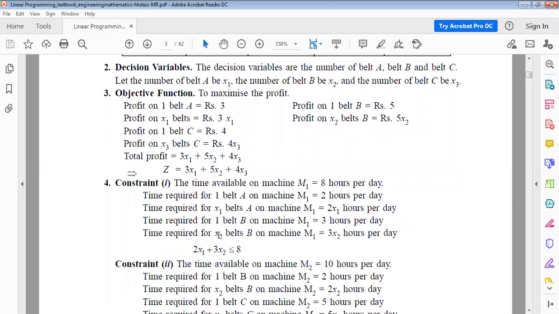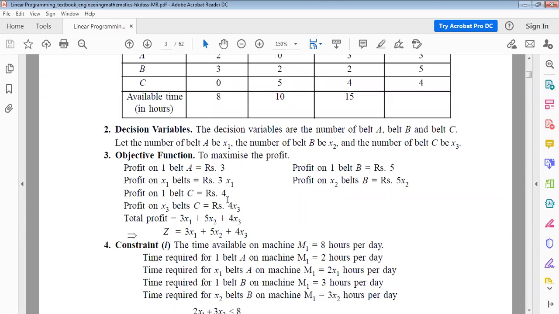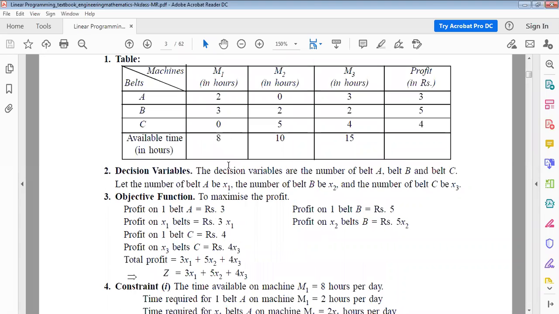One belt of A takes 2 hours, so x1 belts take 2x1 hours. One belt of B in machine M1 takes 3 hours, so x2 belts of B take 3x2 hours per day.